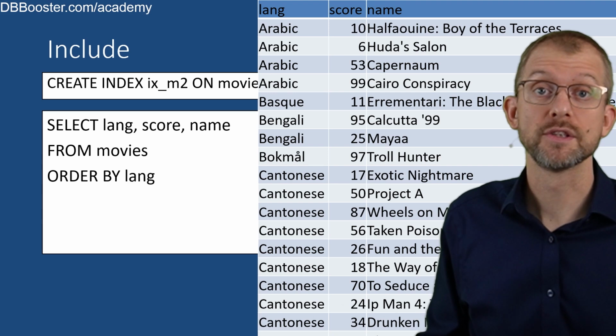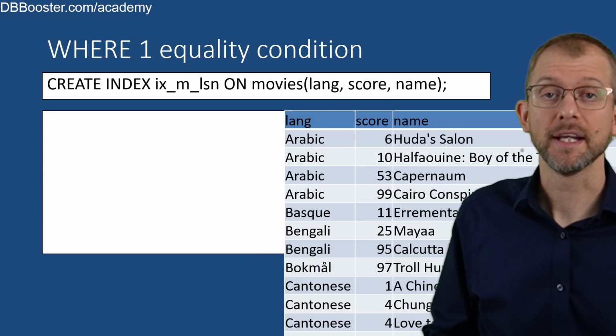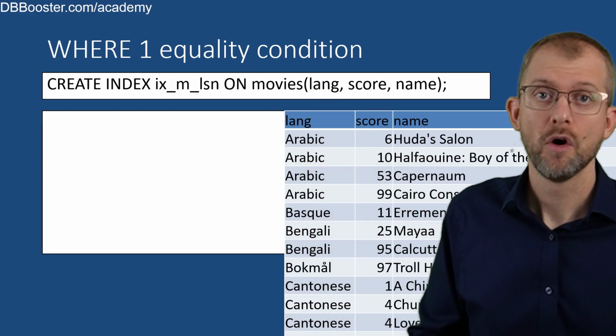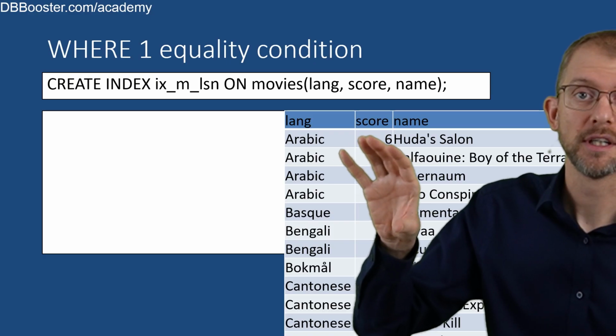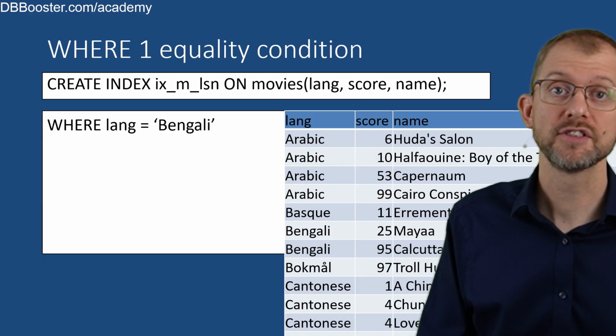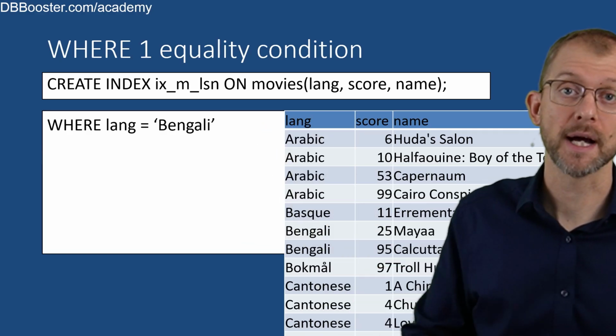Let's start with the where clause scenarios. I have an index for language, score, and name. On the slide, you can see the table that represents the leaf level. Now I want to search using a single equality condition, language equals Bengali.